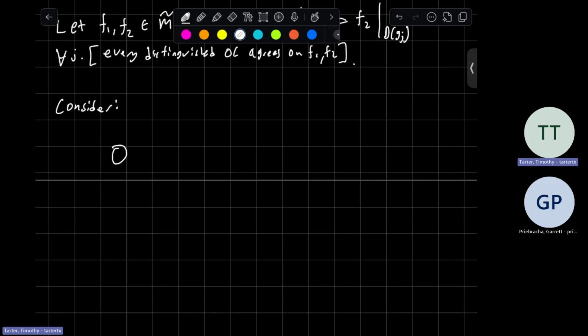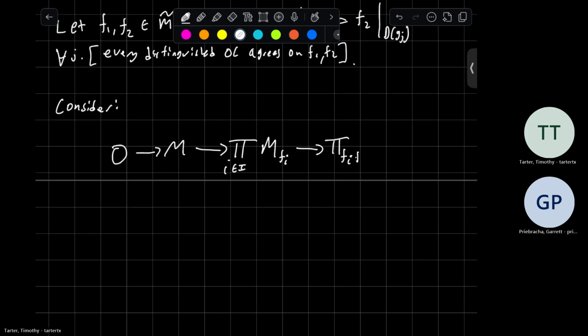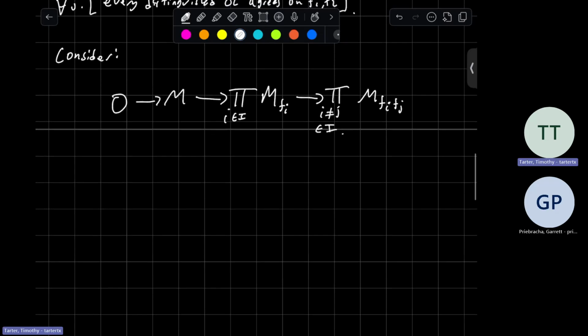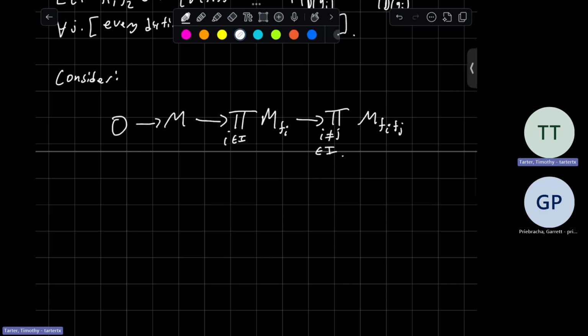So consider the sequence. And what is this called?